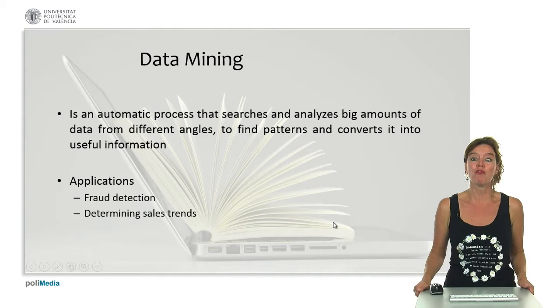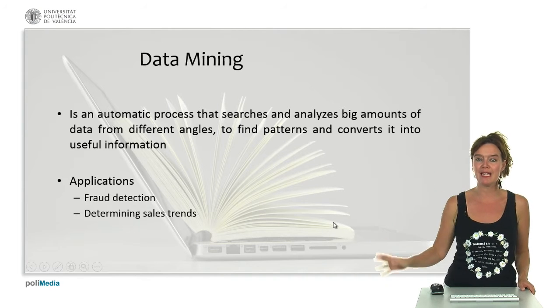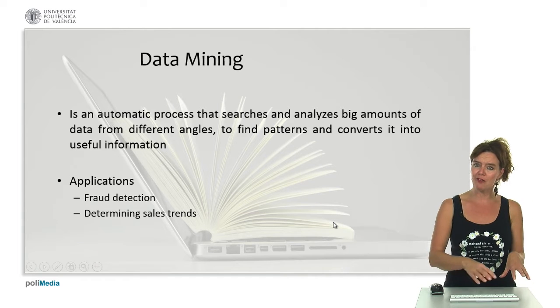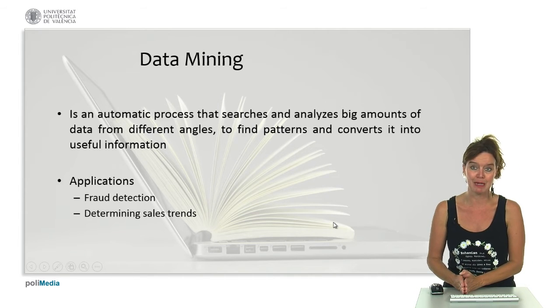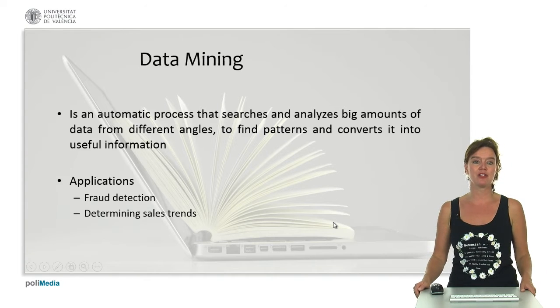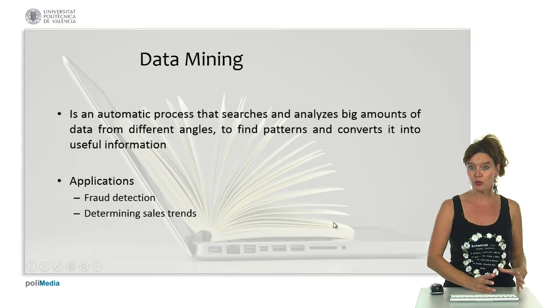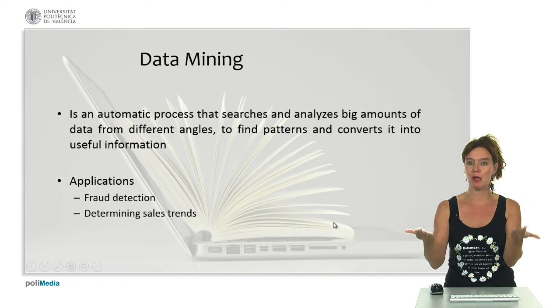So for example, fraud detection can be one. If we analyze huge amounts of data of what is going on, for example at the bank, maybe we can find some patterns that indicate that something is not totally correct there, and maybe there's some fraud going on. Or some other data mining applications are determining sales trends. Every time you go to the shop and you give your client card for them to scan, you give away information about yourself.